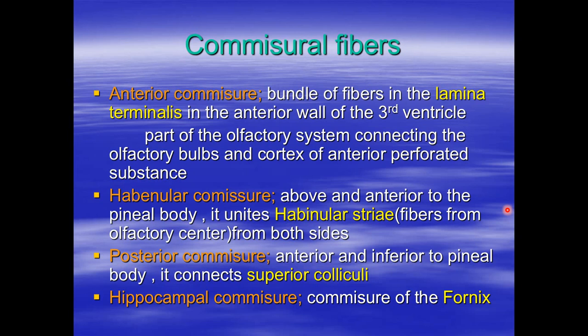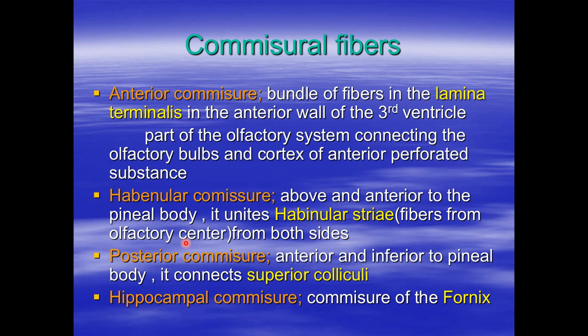The posterior commissure is anterior and inferior to the pineal body and connects the superior colliculi that we saw before. So the habenular commissure is anterior and superior to the pineal gland, while the posterior commissure is anterior and inferior. Both of them are anterior to the pineal body. The habenular is above and the posterior commissure is below.